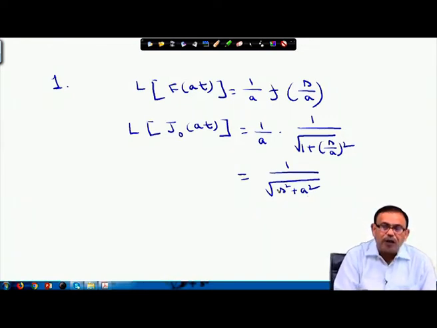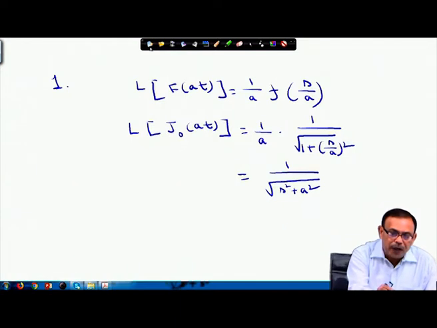So, I think it is clear. Once I know the Laplace transform of J0(t), I can very easily find the Laplace transform of J0(at).